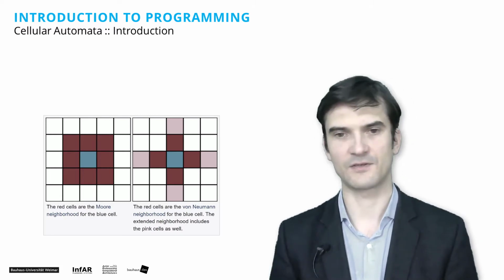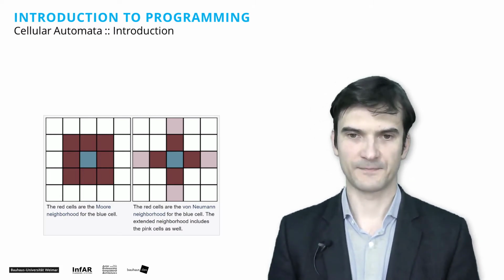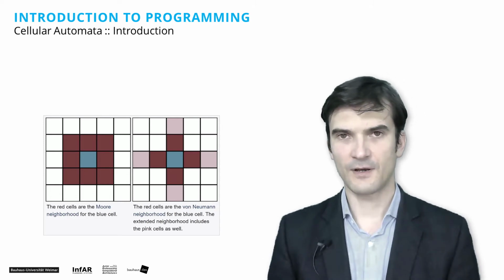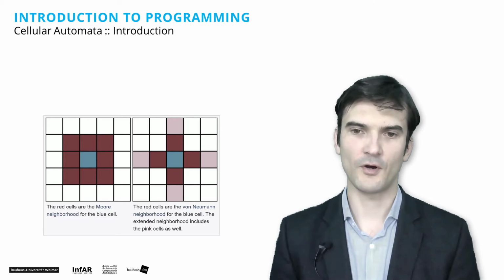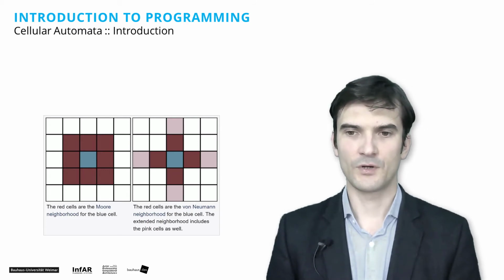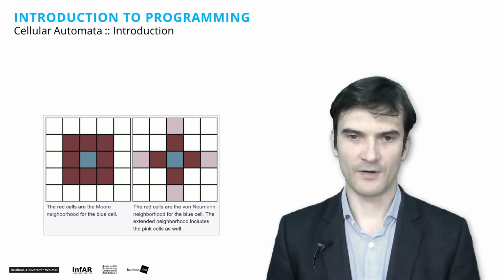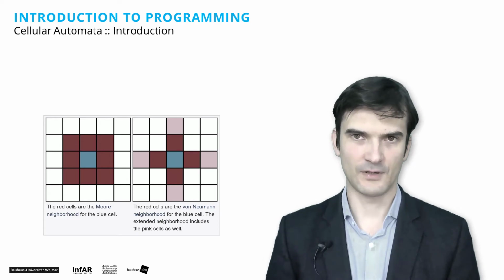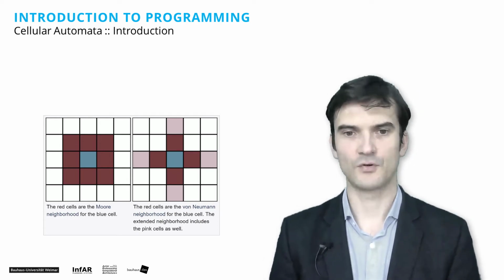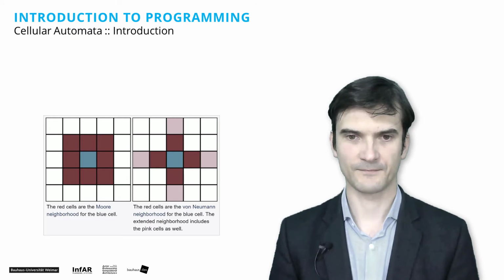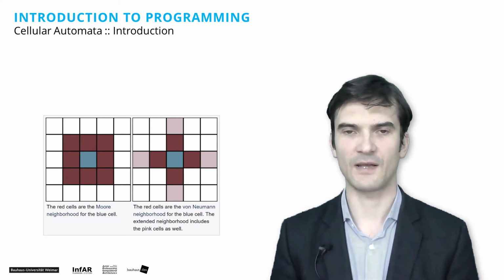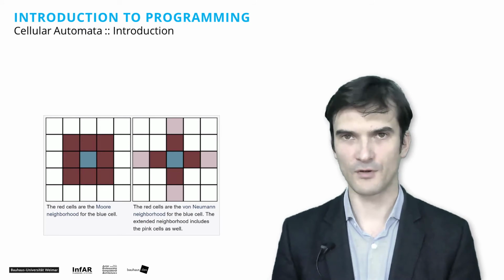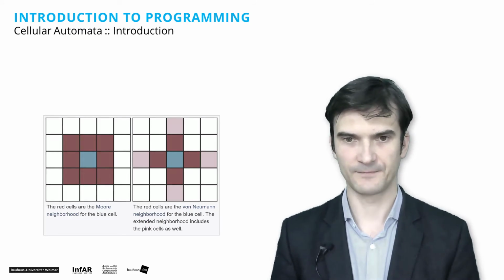You can see an illustration on the slide. The other neighborhood that is very prominent is the von Neumann neighborhood, which is the 4 directly connected cells to the right, the left, the top and the bottom of a considered cell. These neighborhoods that I define are also called the voting rule of a CA.